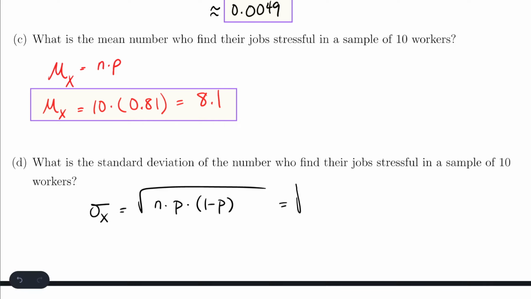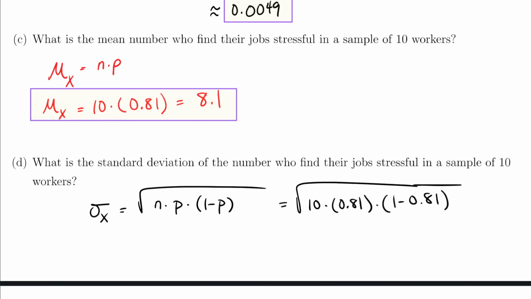For our particular problem, that's the square root of 10 times 0.81 times 1 minus 0.81. Simplified, that's 10 times 0.81 times 0.19. Let's type that into our calculator, and we'll round to 4 decimal places if needed.